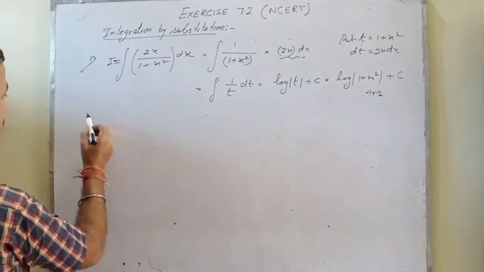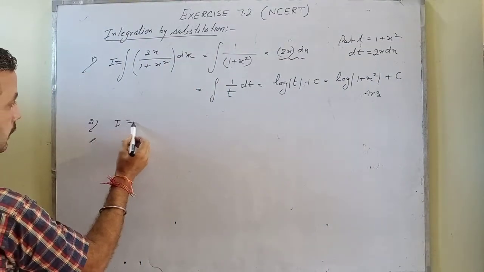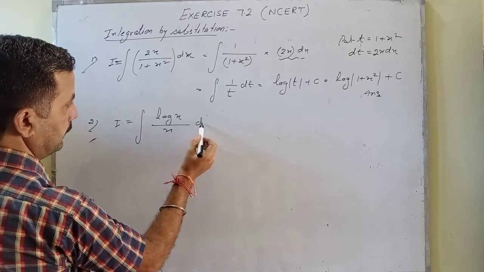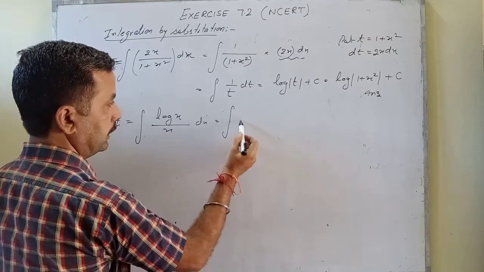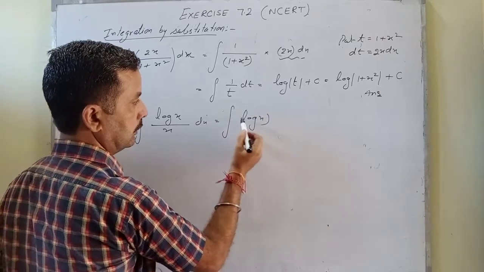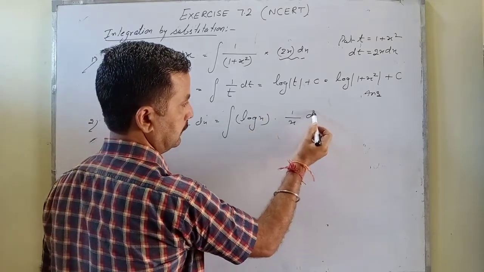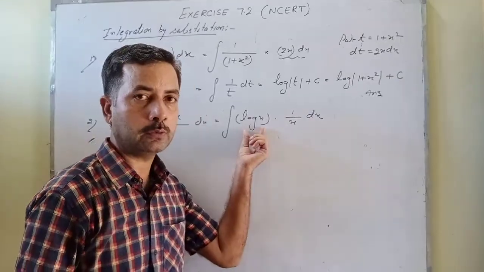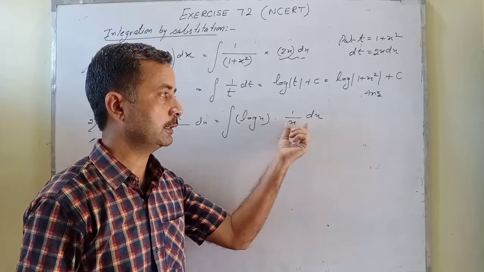Similarly, suppose we have one more question, like this: log of x divided by x into dx. Then also we can write it as log x into 1 upon x into dx. And now we observe here, if we put log x equal to t, then 1 by x into dx is dt.